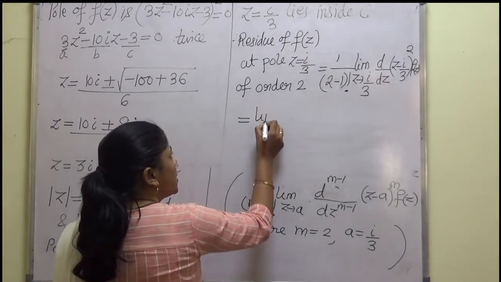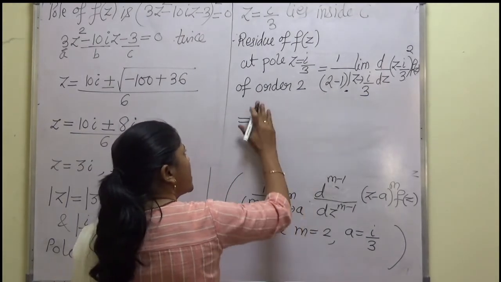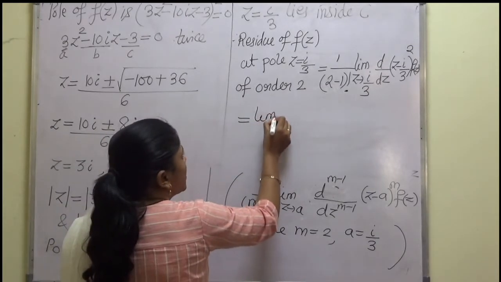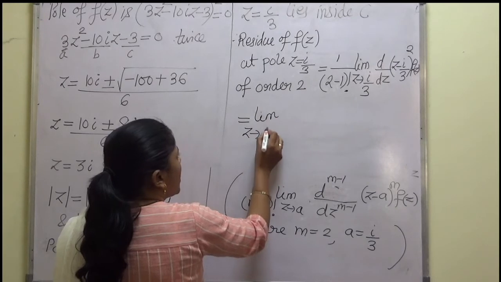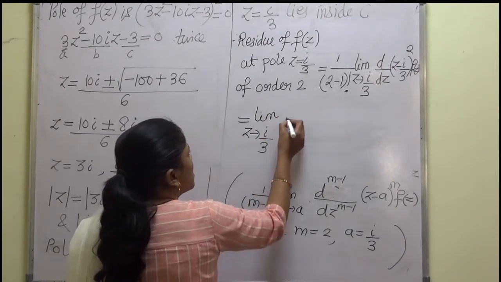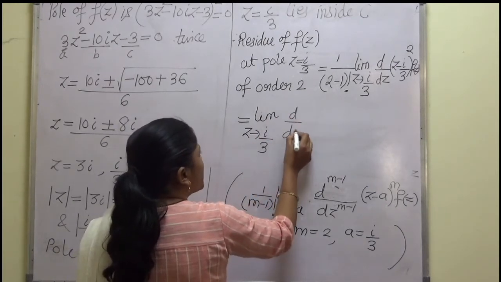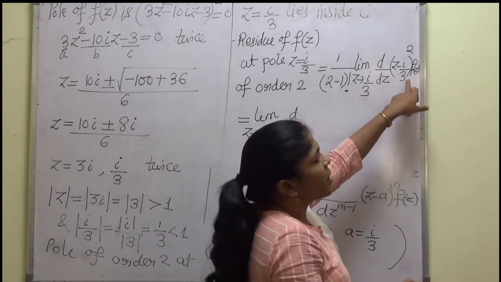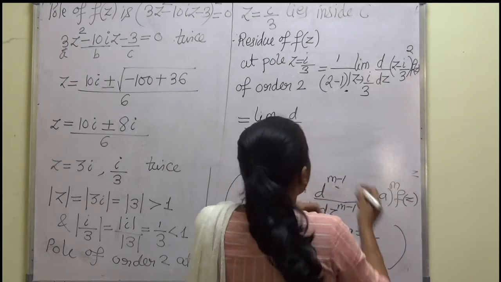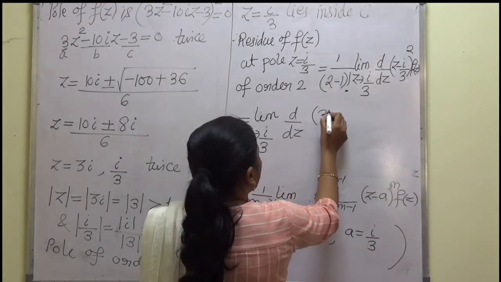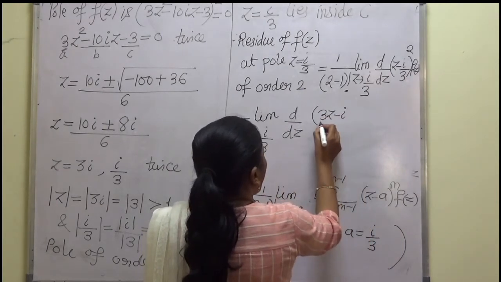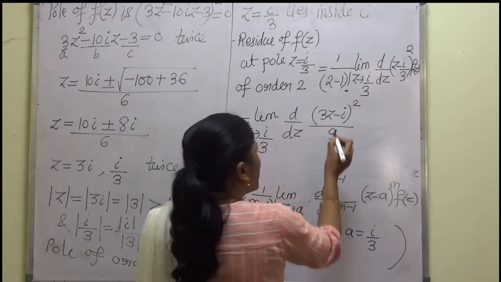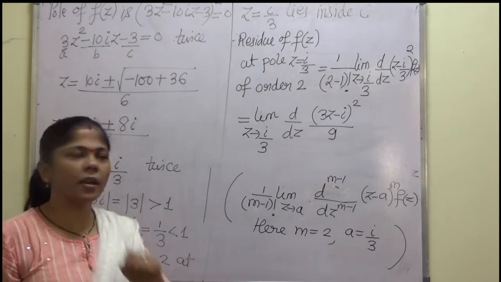So it is 2 minus 1, 1 factorial is 1. So it is limit z tends to i by 3, then d by dz, the first derivative of, now z minus i by 3, I can write this as 3z minus i whole squared by 3 squared, that is 9, right? Then f of z.